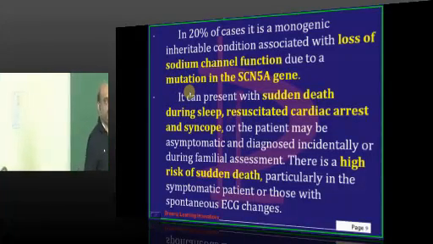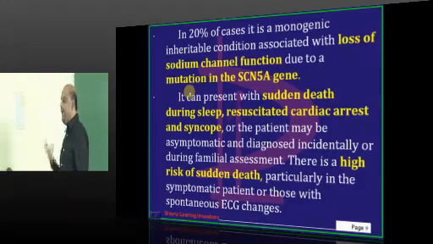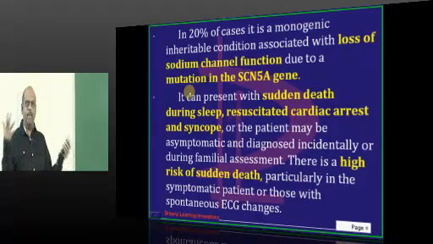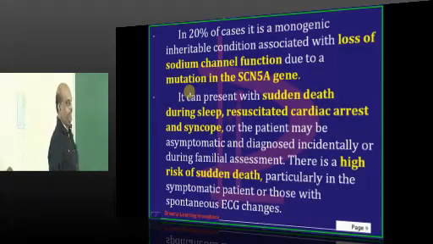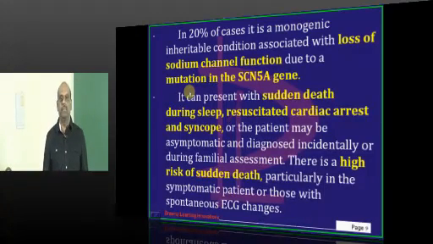So why are these people developing idiopathic VF, and why is there a coving type of ST segment elevation? What is the underlying pathophysiology in Brugada? It is a channelopathy. Loss of sodium channel function is the underlying cause. But why are we worried about this?